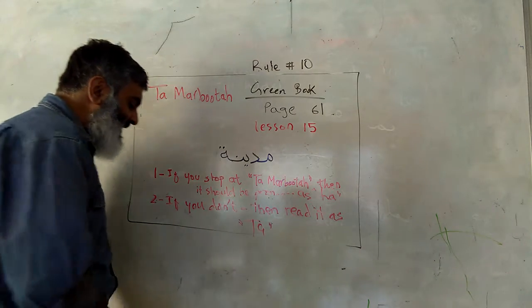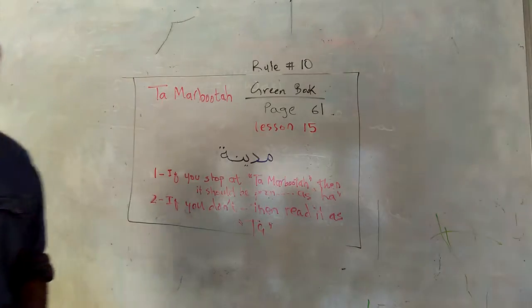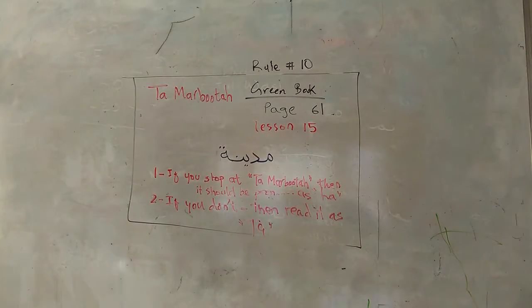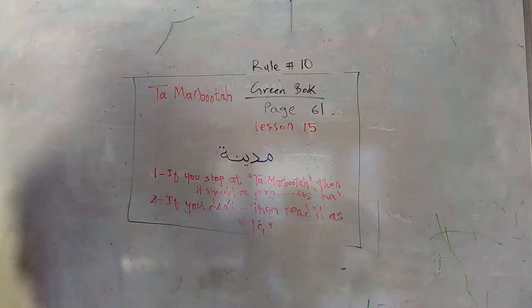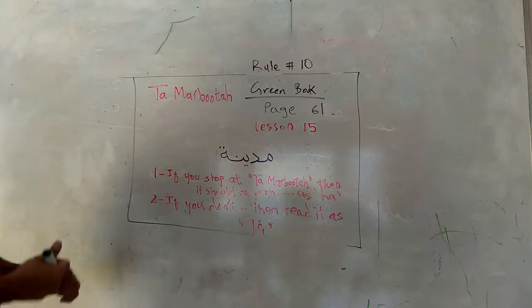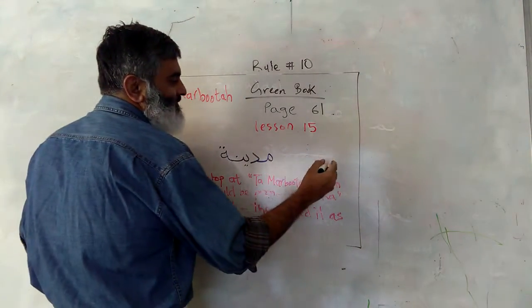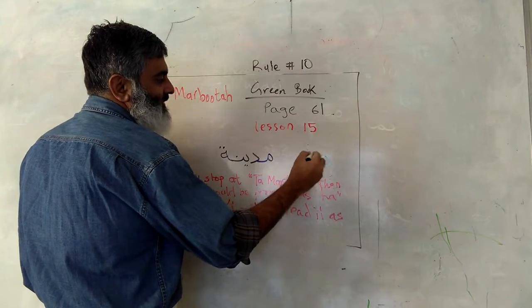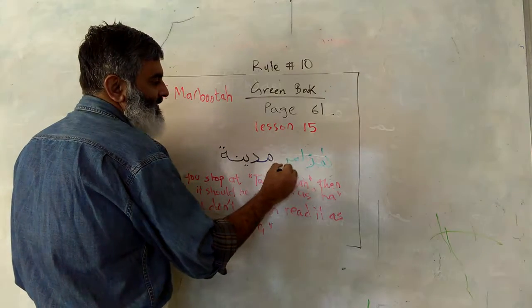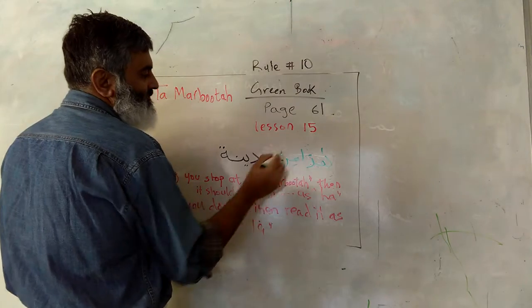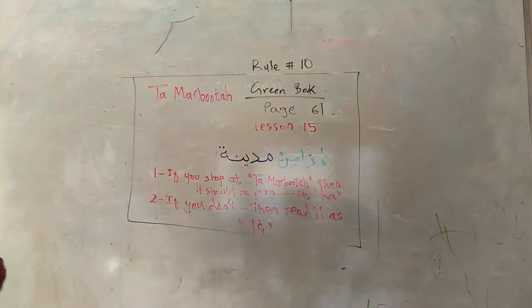And there are many examples of this in Quran. You will come across it a lot. So you need to be really careful about this rule. So let's say, just as an example, هذا من مدينة.